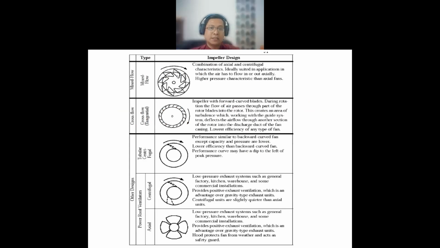Okay, now we go to the design of the blade, or what we call impeller design. You can see inside the casing, maybe it is difficult to see the blade type. Maybe we can see it sometimes through the inside, to check what type of fan or blade is in the casing system of the fan.